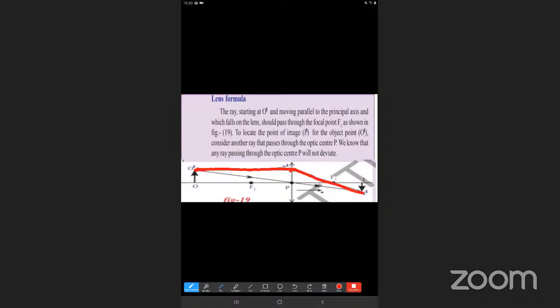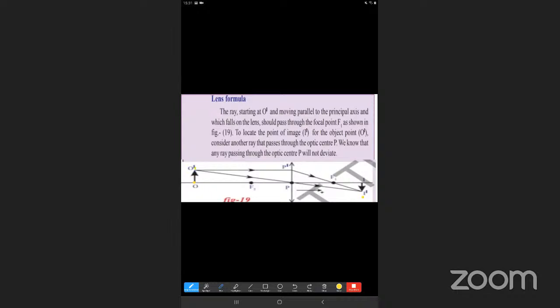These two rays meet at one point, so this is the image point now. The image is formed beyond F1. I and I dash is the image, I is the image for object O and I dash is the image for object O dash.